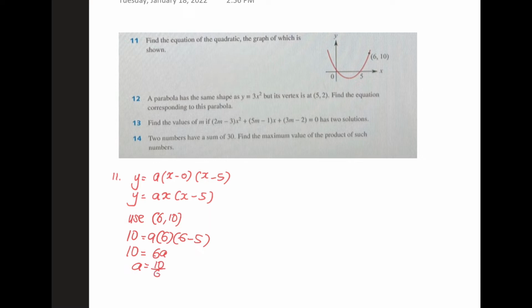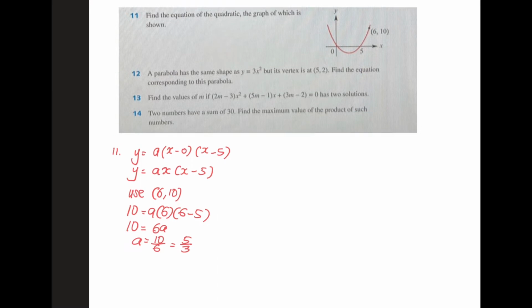So we get a equal to 10 over 6, which is equal to 5 over 3. Once we get this, we put it back into the equation. y equal to 5 over 3 x, times x minus 5.